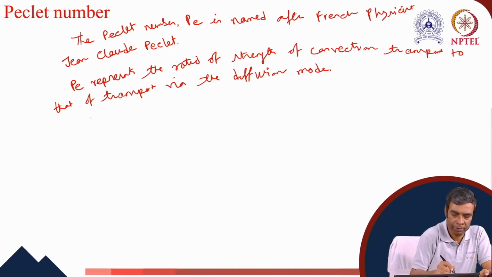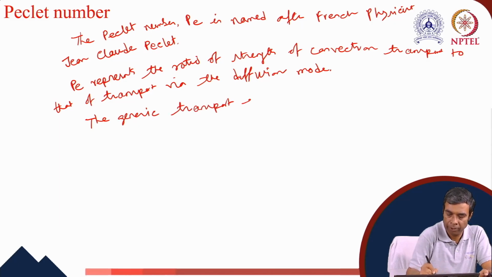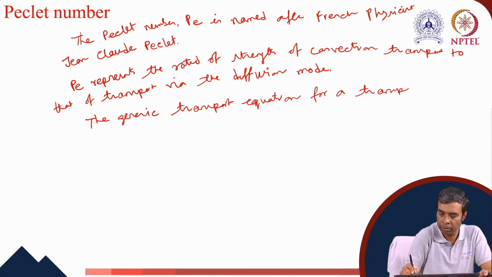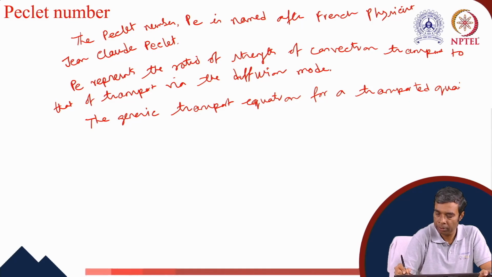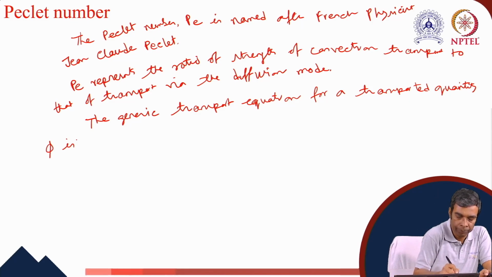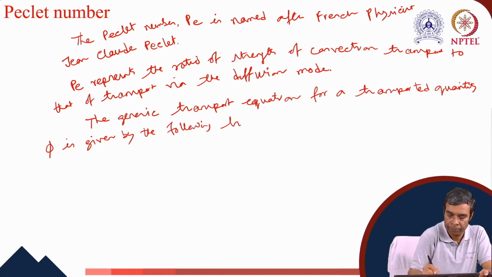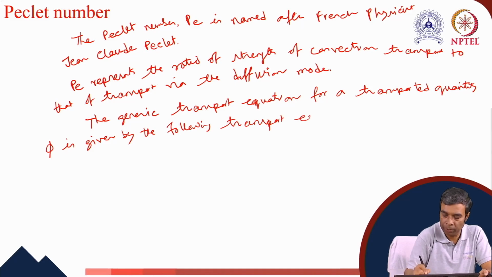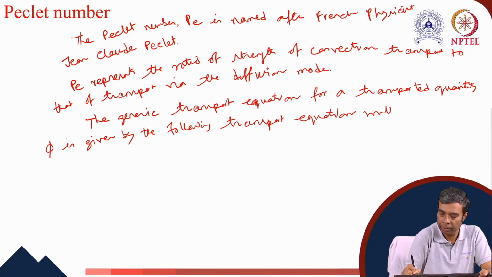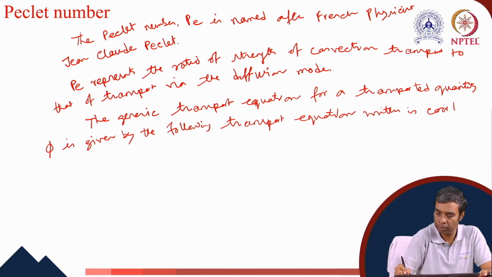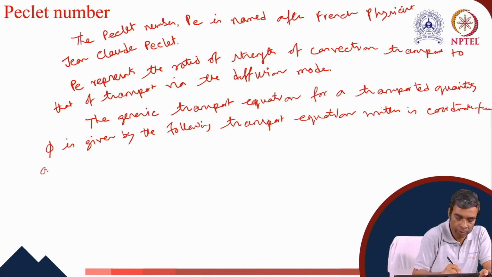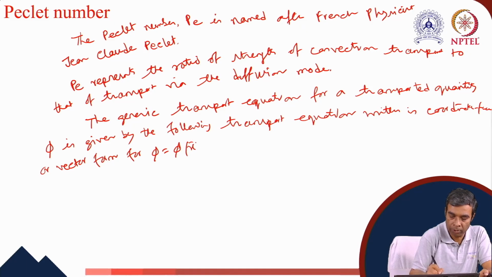So, the generic transport equation for a transported quantity phi is given by the following transport equation written in coordinate free or vector form for phi equals to a function of both space and time.